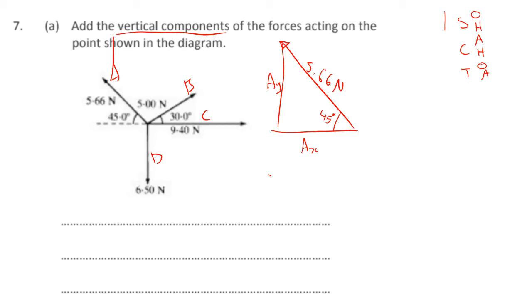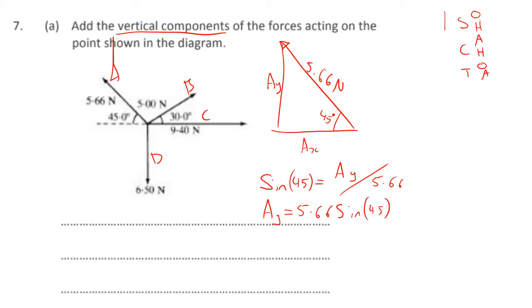So sine 45 is equal to the opposite over the hypotenuse, that is A sub y over 5.66. Multiplying both sides by 5.66, I wind up with A sub y equals 5.66 sine 45.